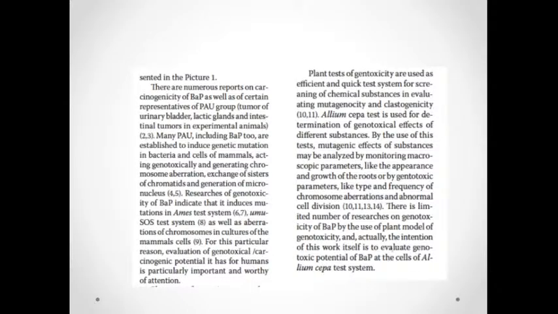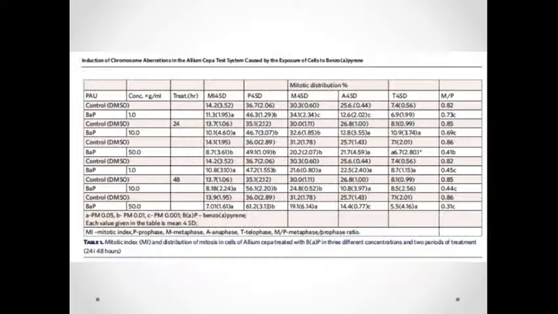These are the results of various concentrations. They used various concentrations for different hours. Here you can see concentrations of 1, 10 and 50 microgram per ml. There's a control with DMSO, and the experiments are done with BAP for 24 hours and 48 hours. That's how they planned the experiments.